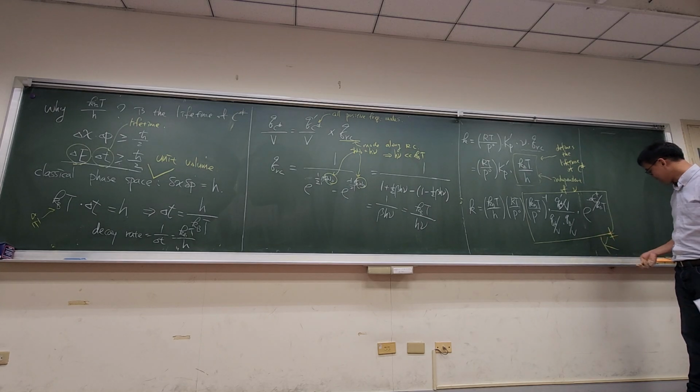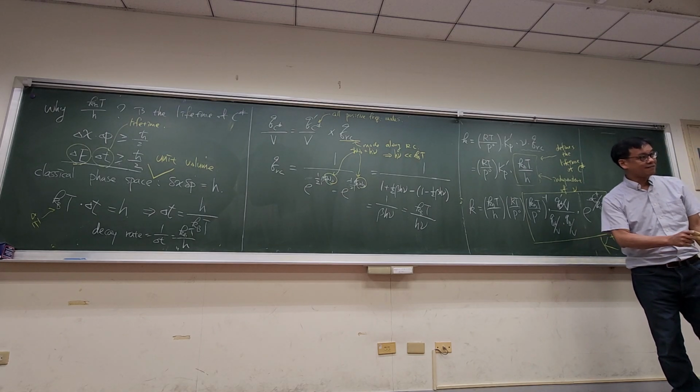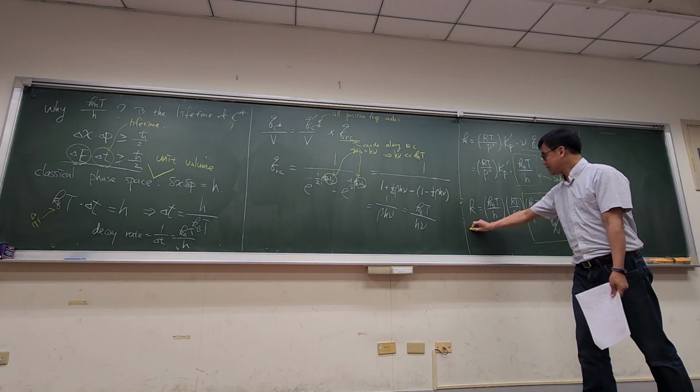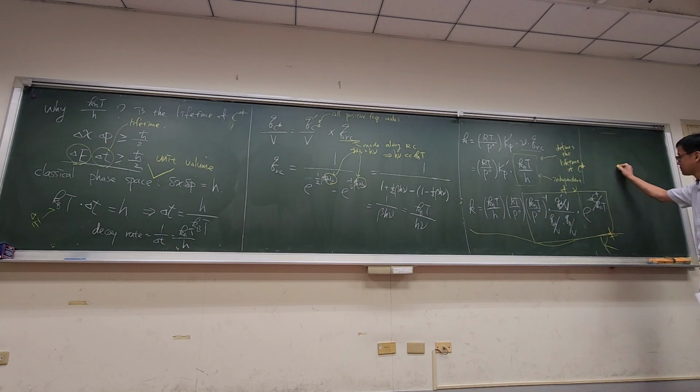So this defines a microscopic rate constant for a system. And this rate constant, obviously from those approximations we made, is an upper bound.